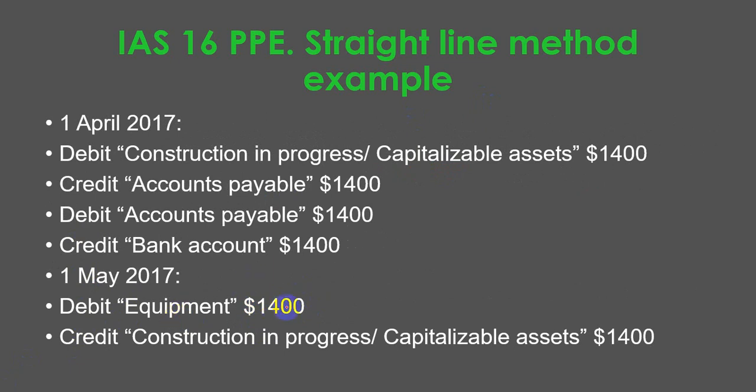Asset is ready for use and is going to be used starting from 1st May. So on 1st May 2017, we debit our equipment and credit our construction in progress and or capitalizable assets or any other name for the relevant account which is used on the entity for the same amount.